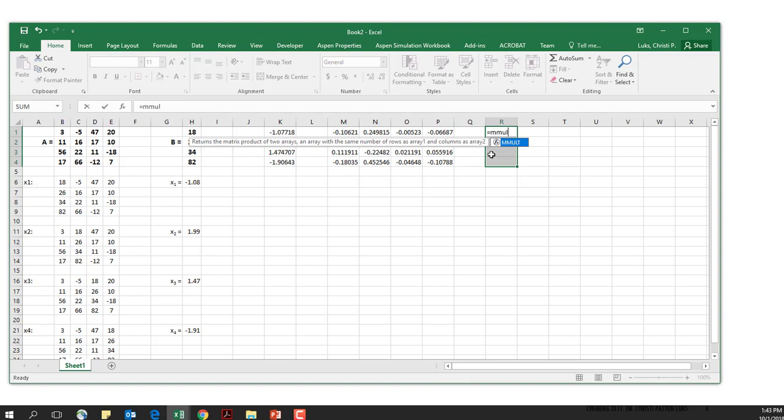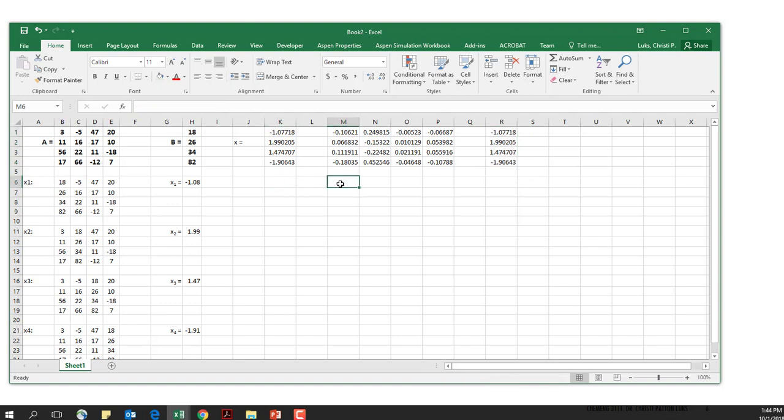I can do matrix multiply. Order matters, so it's this one multiplied by this one. Control-Shift-Enter. So that's doing it in 2 steps.